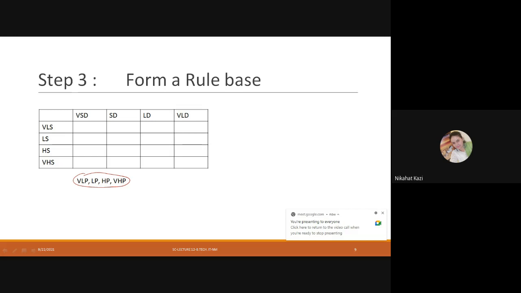So what should be the brake power? Should it be very low brake power? Should it be very high or high? Can you think? Speed is very low. Distance is very short.